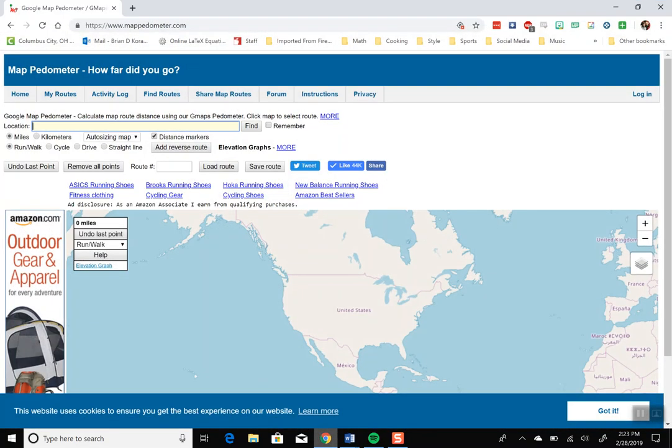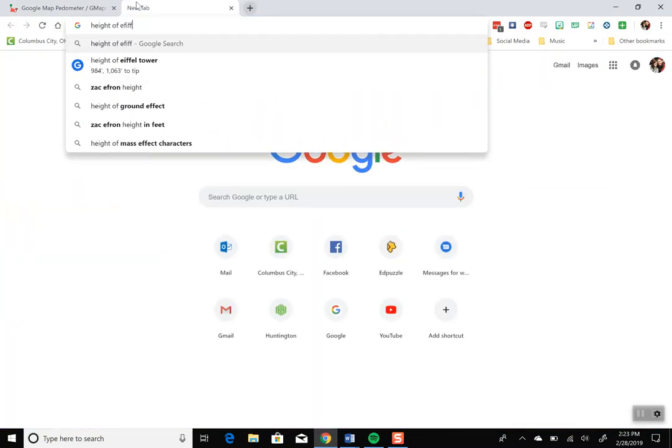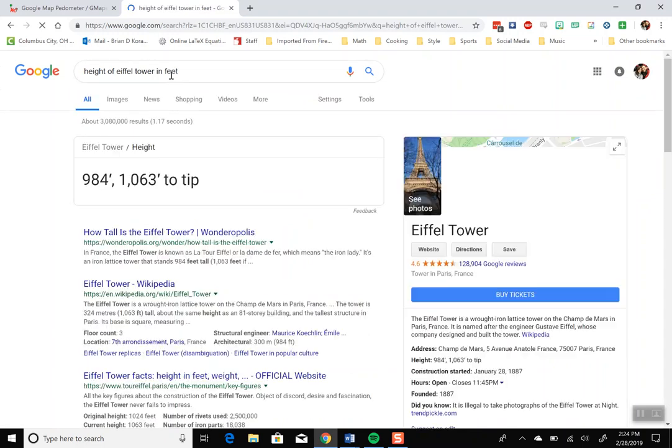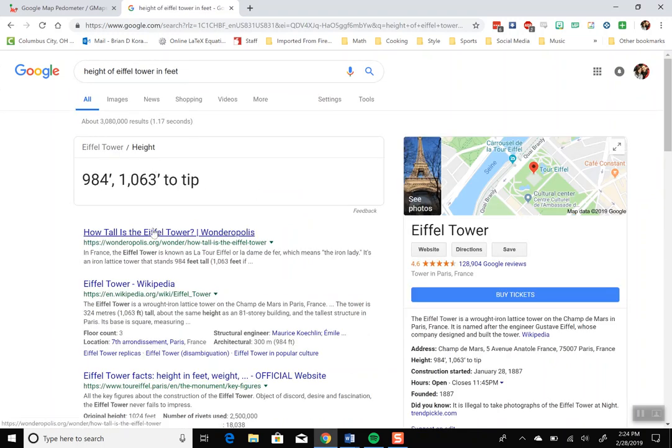So if I look up the height of the Eiffel Tower, it says to the tip is 1,063, and is that in feet? Let's see, in feet. Yeah, looking down here, 1,063 feet to the tippy top. So 1,063 feet.